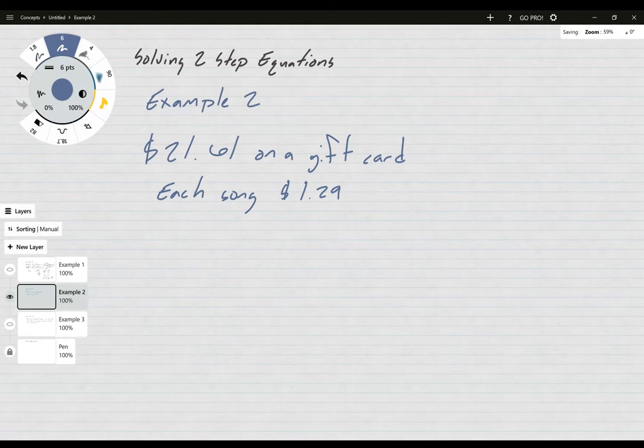John wants to maintain a $10 balance to purchase a new album that releases next month. How many songs can John purchase? So we're given some key information. He wants at least $10 left on the gift card.